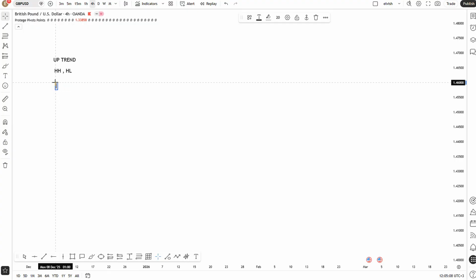They're made of pullbacks, which make higher lows, and push phases, or what you can call the impulsive move to the upside. The push phase makes the higher high.